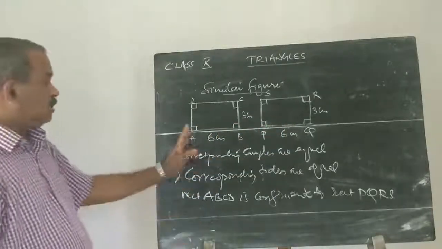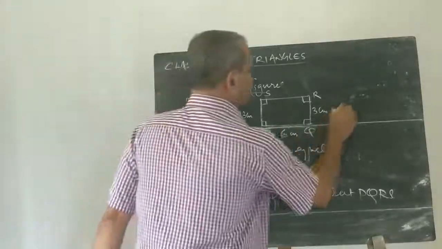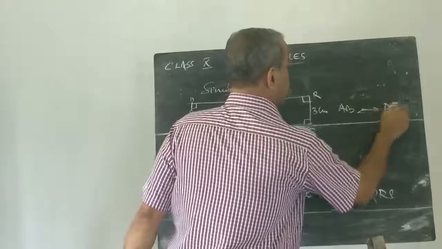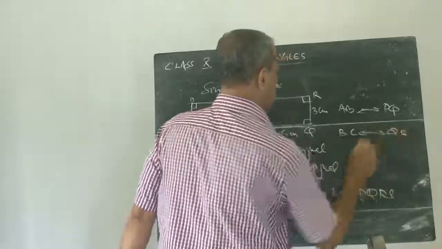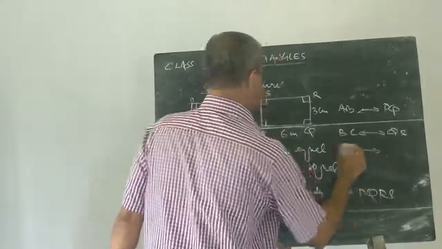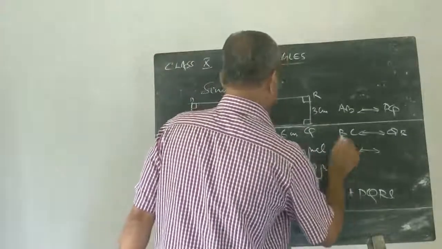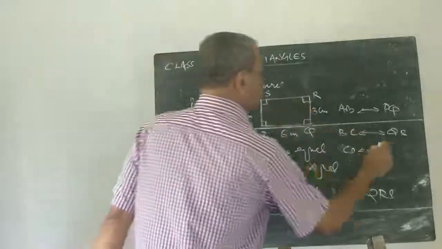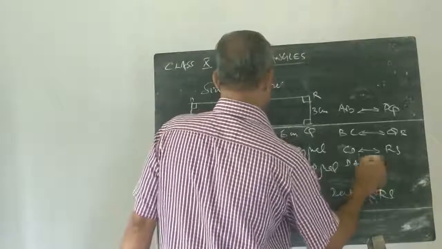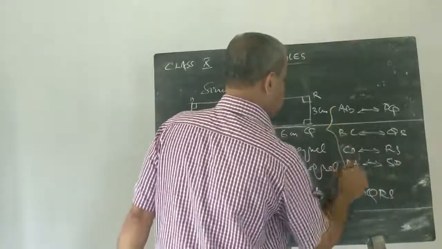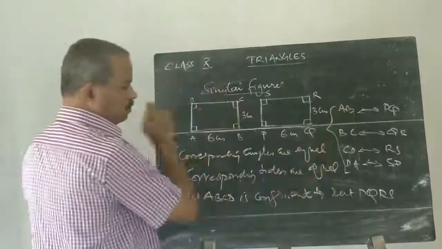This is because of the corresponding sides. What are the corresponding sides? AB corresponds to PQ, BC corresponds to QR, CD corresponds to RS, DA corresponds to SP. These corresponding sides are equal.